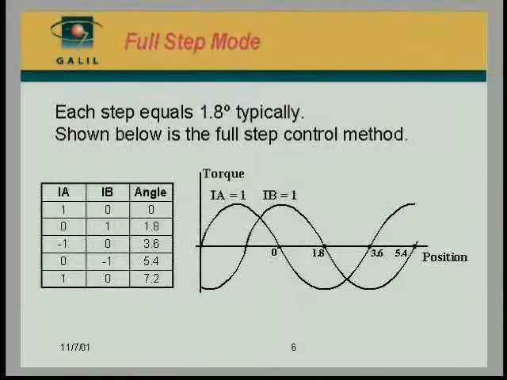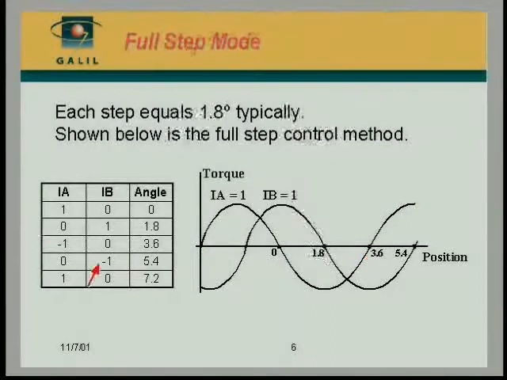Now the sequence, in order to move continuously: we start initially with the current in phase A being 1 amp or some nominal value. That gets us to the position 0, which is here. The first step is done by switching to phase B, giving it 1 amp, and that moves us one step. Now we go to phase A and give it minus 1 amp, that gets us to 3.6 degrees.